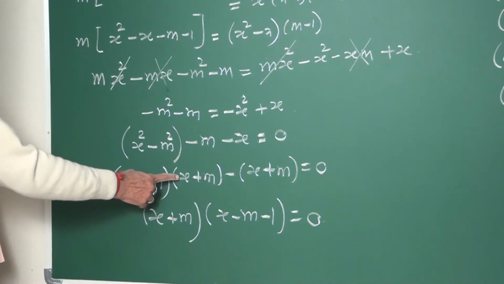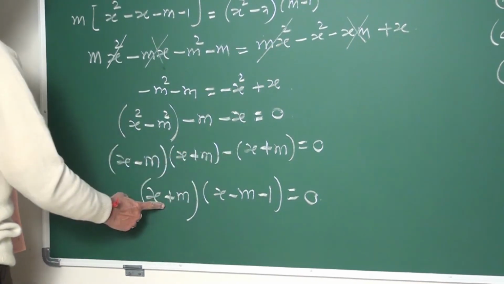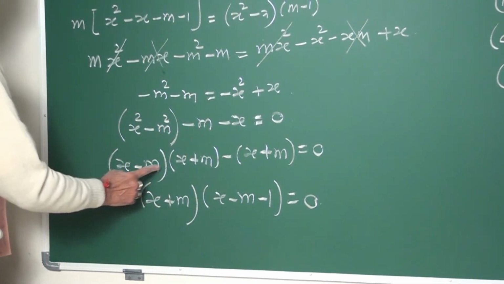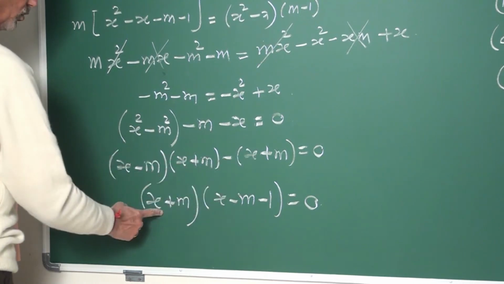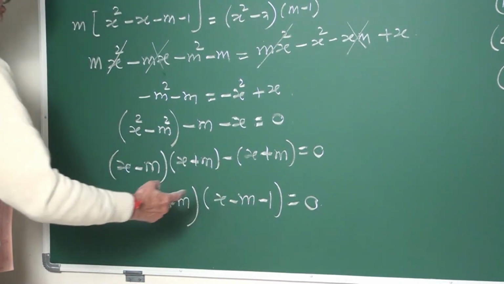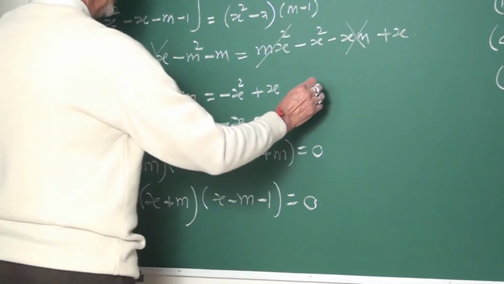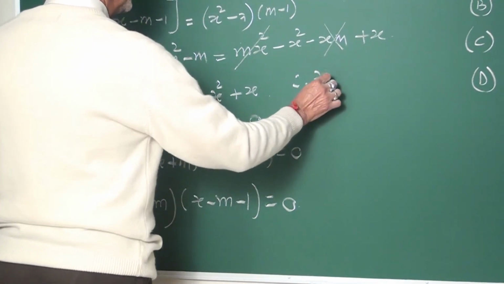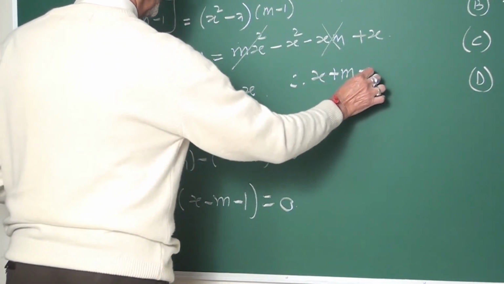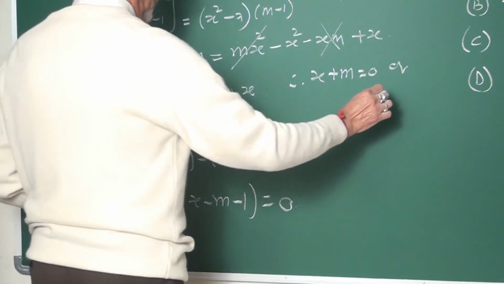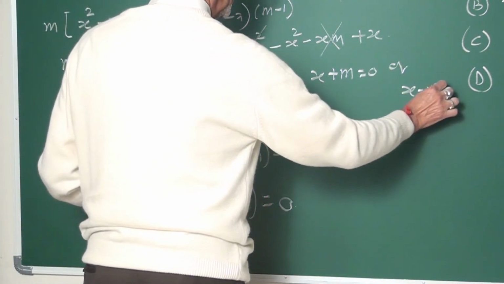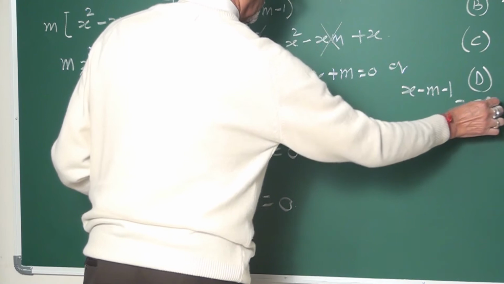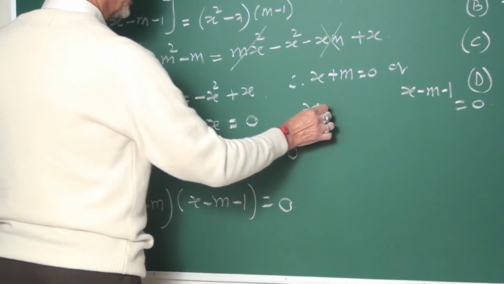Oh, understood. X plus m, x plus m. X minus m, this taking out remains minus 1. Get the value of x from this, my friend. Therefore, either x plus m is 0 or x minus m minus 1 is 0. What is the value of x?